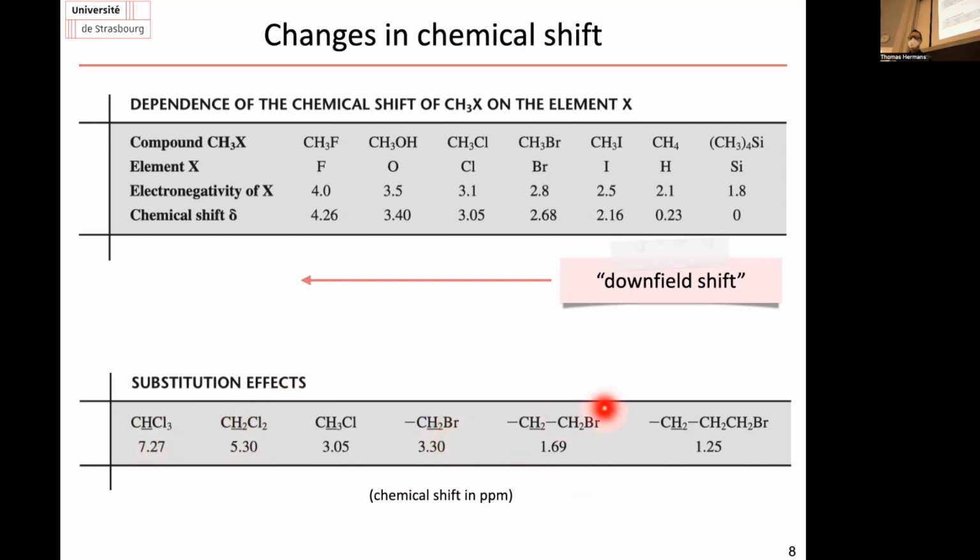Also the distance of the electronegative group matters. If you're right next to a bromine, there will be a big downfield shift. If you're 1 position away, it will be less, and if you're 2 positions away, even less. So these electronegative effects are felt through different carbon bonds.